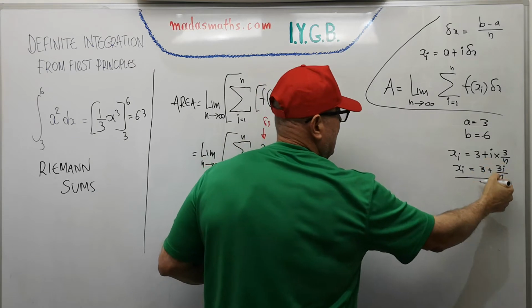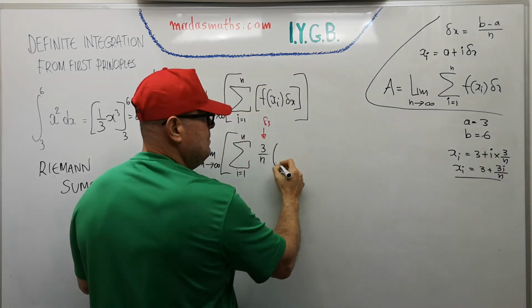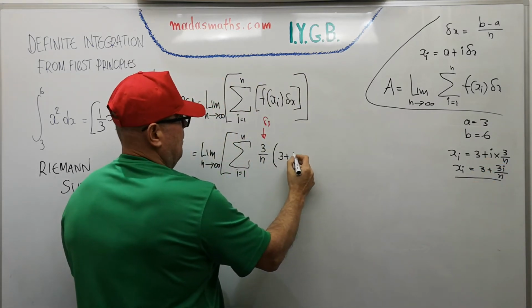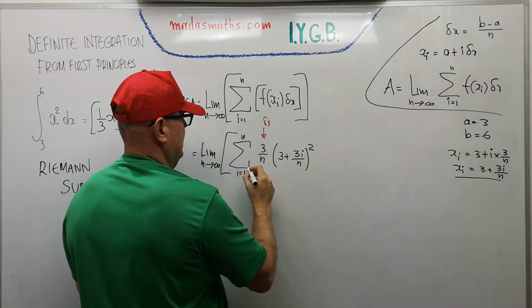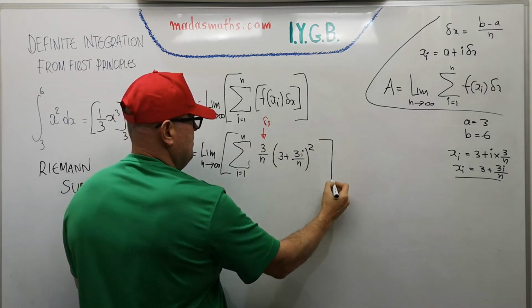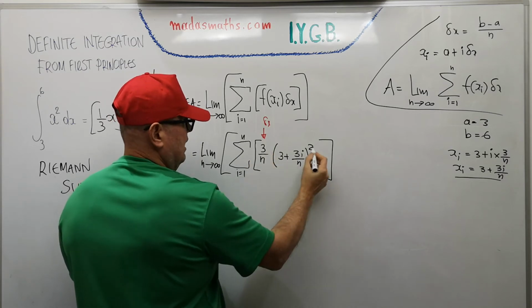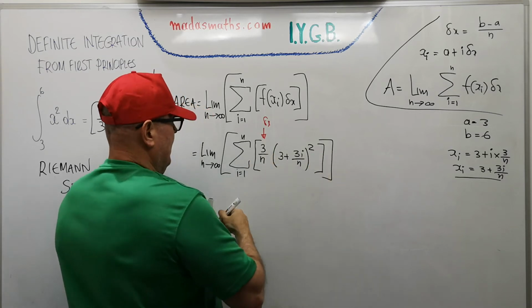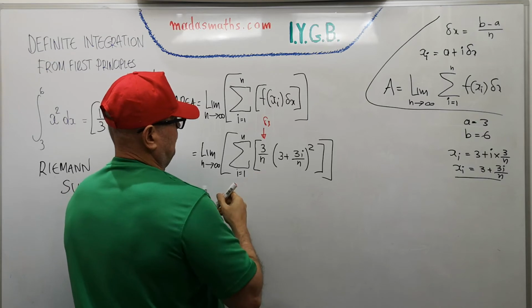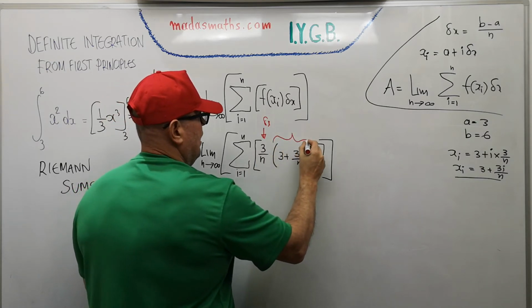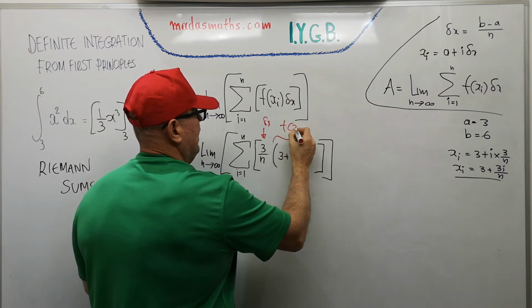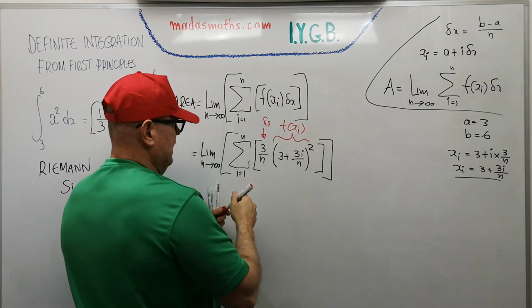So this is all of this squared: 3 plus 3i over n, all squared. This is inside the limit, and all of this is inside the sigma. And this quantity here is our f of x_i in this particular case.